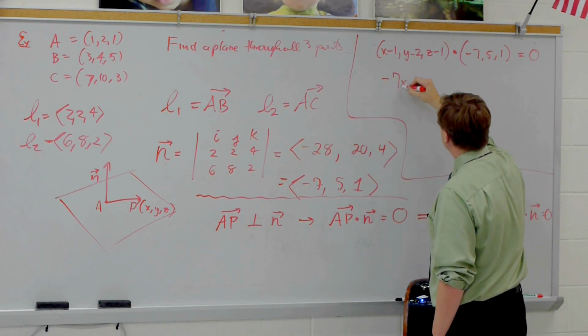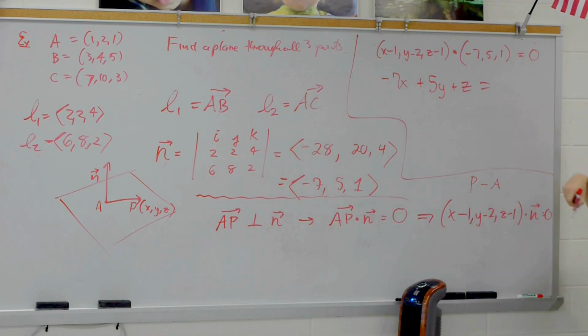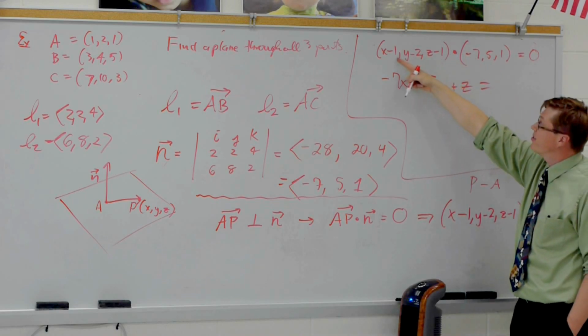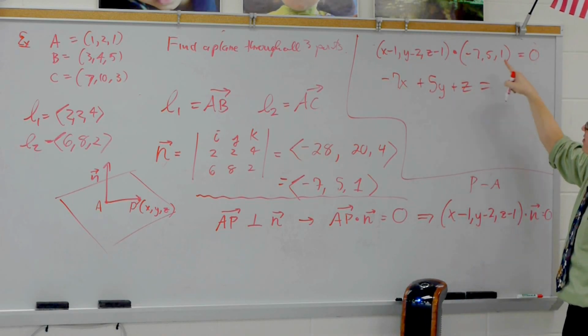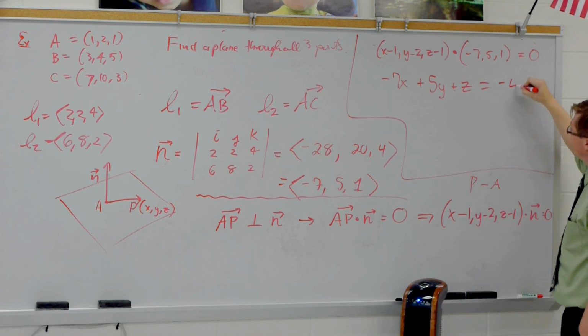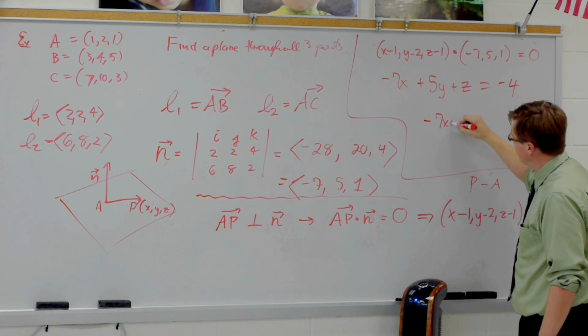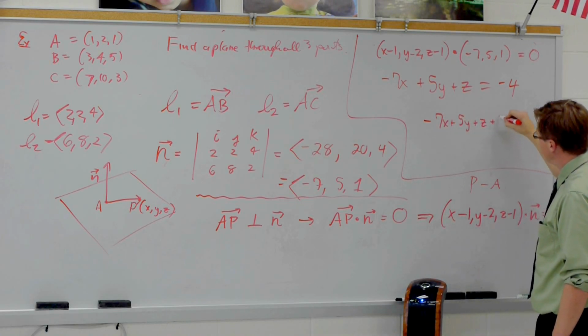That'll be negative 7x plus 5y plus z equals, I'm going to do all these others. 7 minus 10 minus 1, then negative 4, instead of equal to 0.